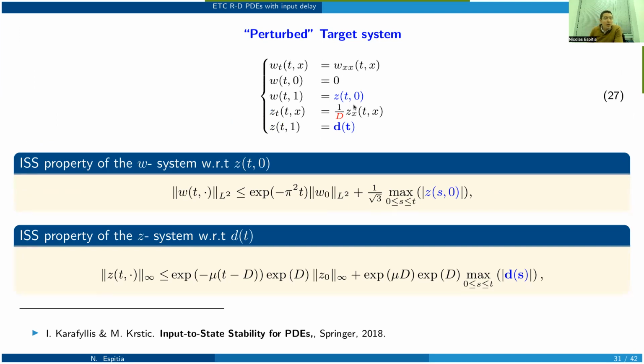So we look for the ISS property for the parabolic system with respect to Z(t,0), and we look for the ISS property for the transport PDE with respect to d(t). And we rely on these estimates that were obtained by Iason and Nicolas.